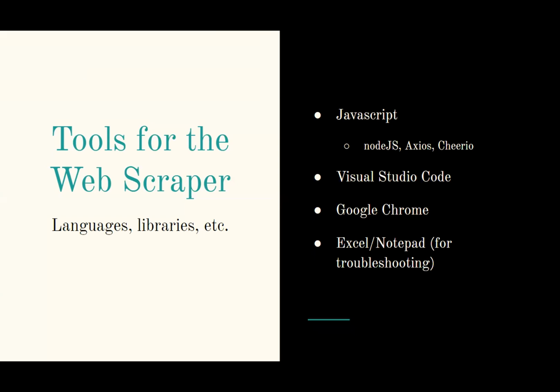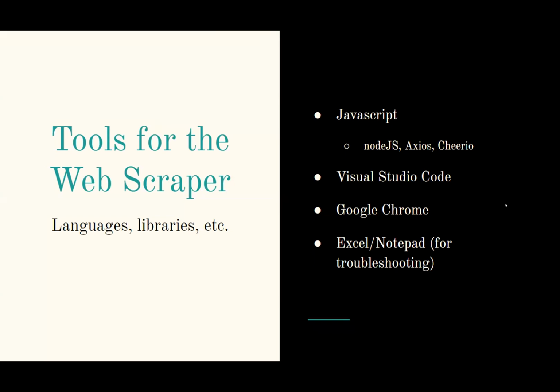And Axios is a library that is used to make HTTP requests from Node.js in the browser. And then Cheerio is another library for Node.js that allows you to parse HTML, and it provides an interface for iterating through the HTML code using a jQuery-like syntax.